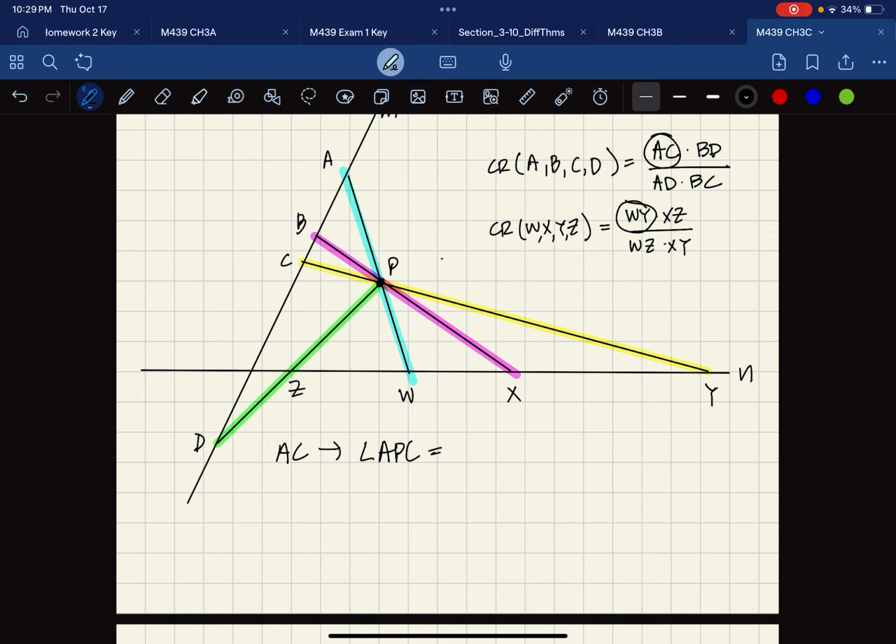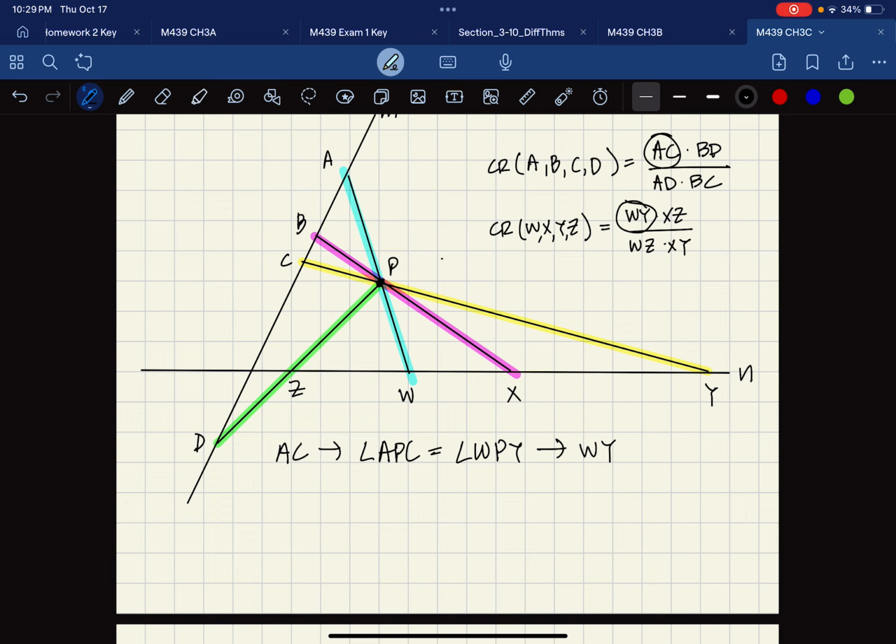So by vertical angles, I can see blue crosses yellow. We can say that that is equal to angle WPY, which seems like things are working out here, right? WY. So it seems like if we can trade lengths of sides for sizes of angles, this seems to work so far.